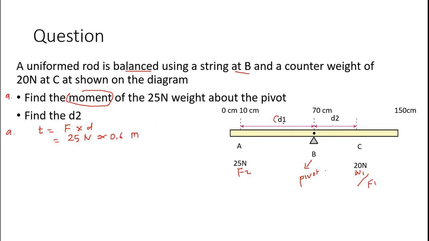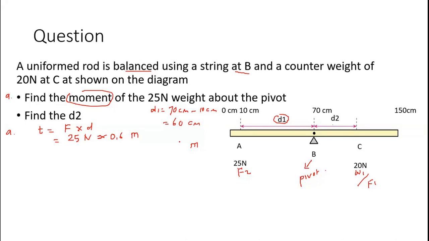This is the D1, because the D1 is from 10 centimeters to 70 centimeters. That's why 70 centimeters minus 10 centimeters is 60 centimeters. But the centimeter is not the standard unit for perpendicular distance.